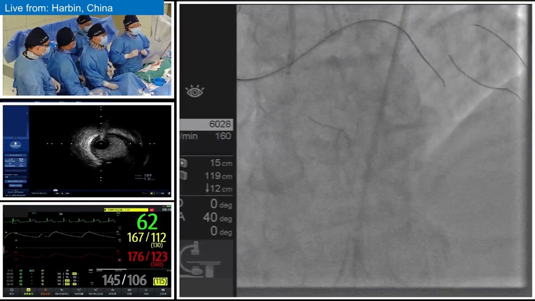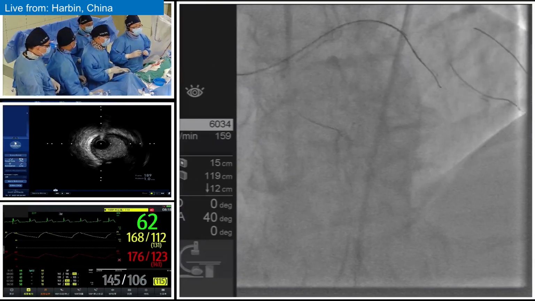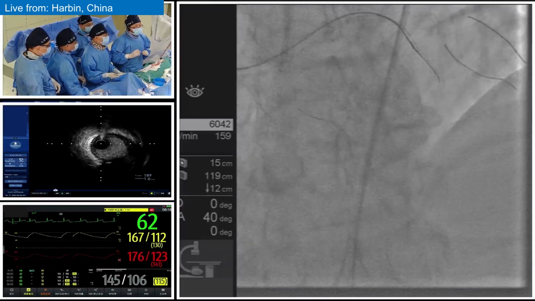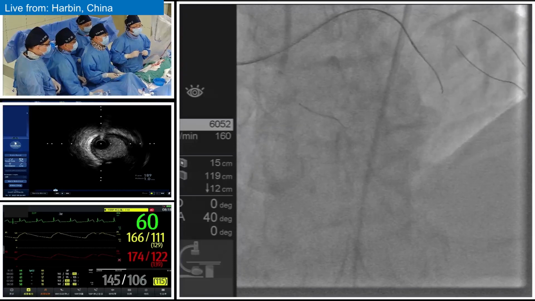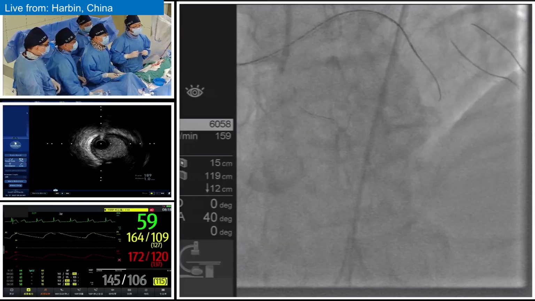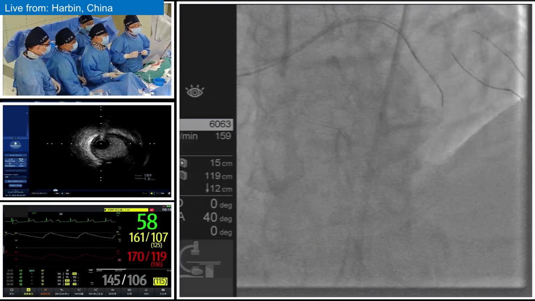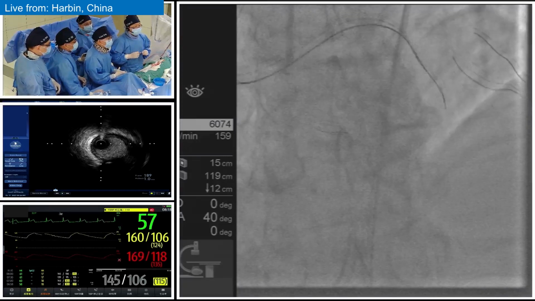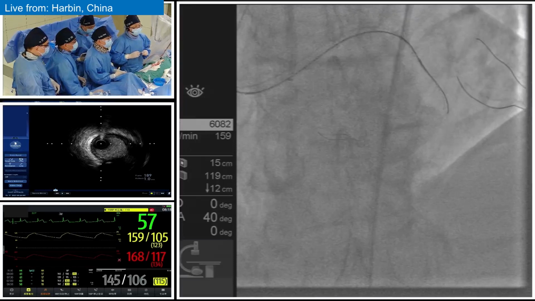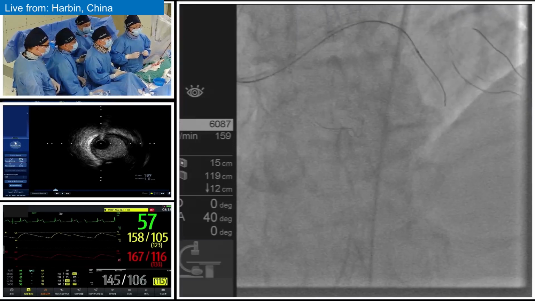Then we switched to this kind of ADR technique because of the relatively not so long occluded segment. Another very important piece of information is that from the 3D reconstruction and the bilateral angiography, we found there is no important side branch within this CTO occluded segment.